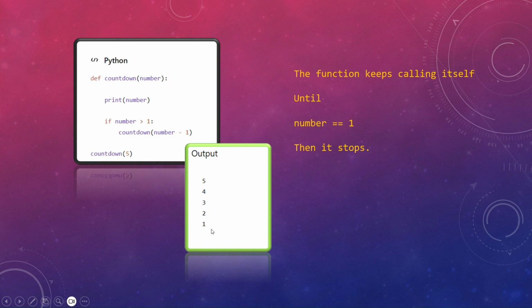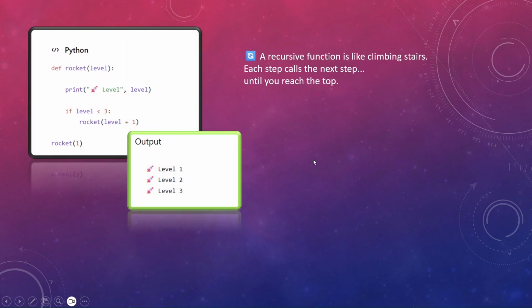Once it is called, within itself it is continuously calling itself. A recursive function is like climbing stairs. Each step calls the next step until you reach the top. So till less than 3 it will keep on running, calling itself, hence level 1, 2, 3. So this is what a recursive function is. It calls itself. The function is called within itself.